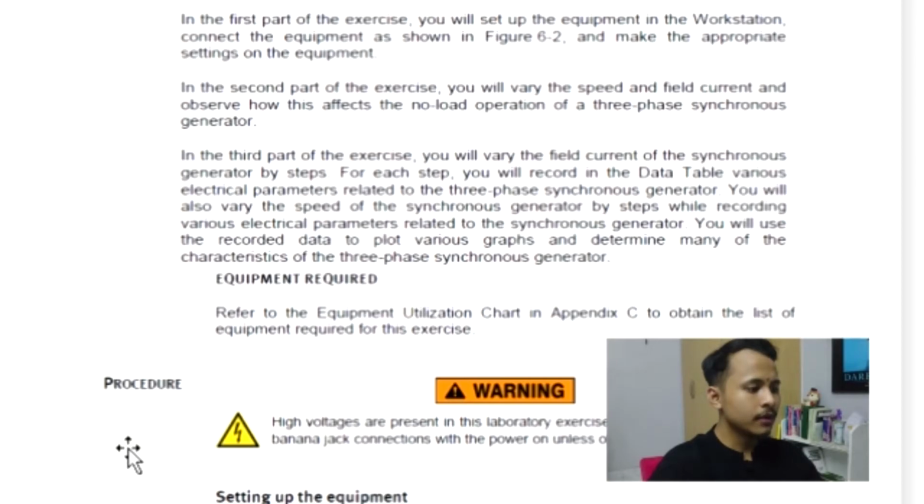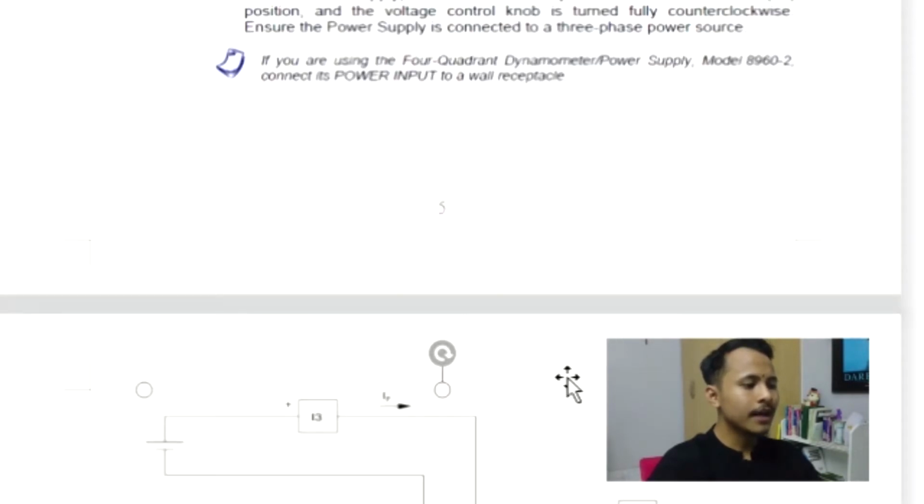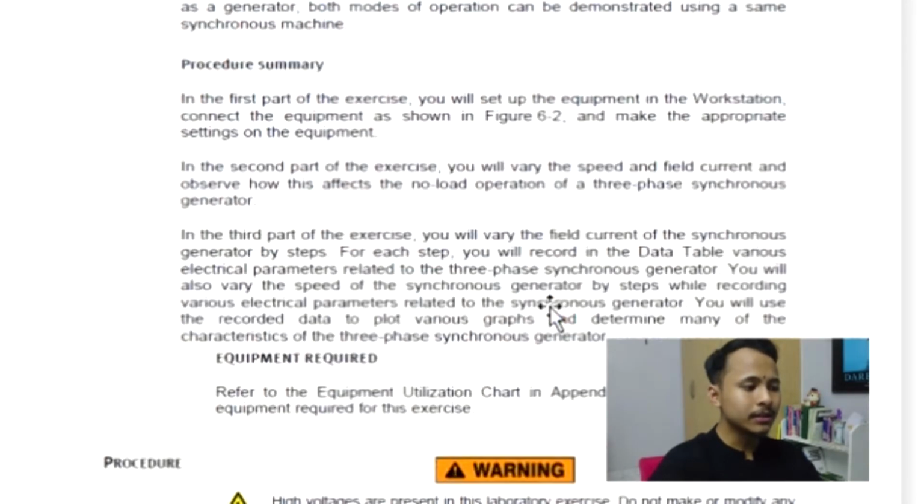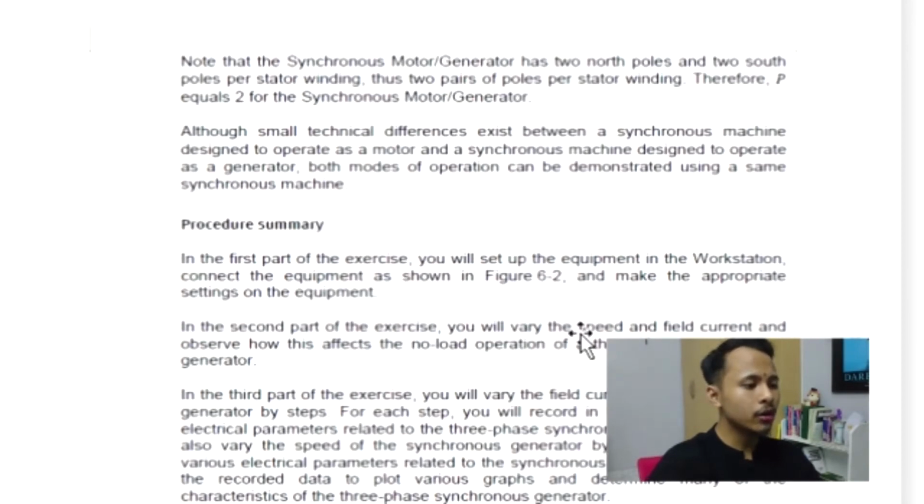Here is our figure 6.2 for the synchronous generator coupled to a prime mover. For the second part, with the same connection, we will vary the speed and the field current. We will observe the effect on the no load operation of a 3-phase synchronous generator. And the last one, with the same connection but adding the load.